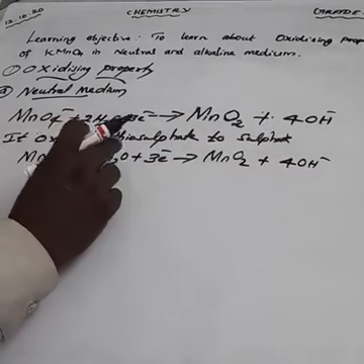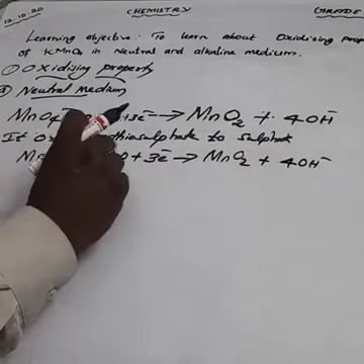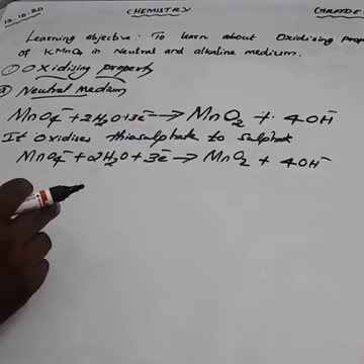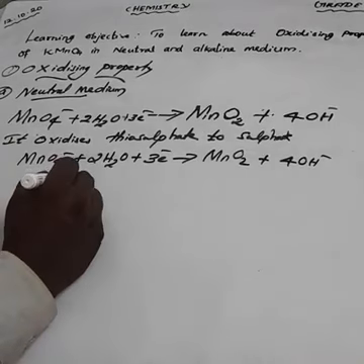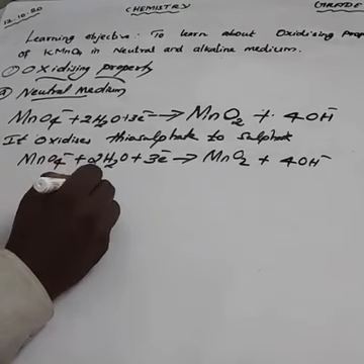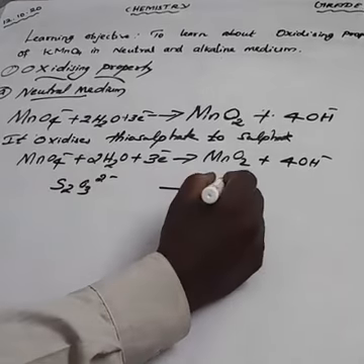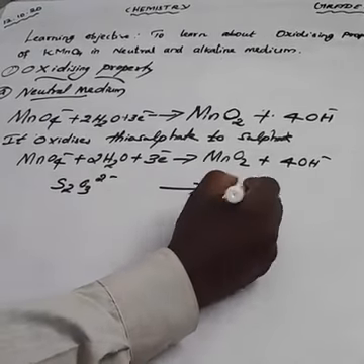Next you should write the oxidation of thiosulfate to sulfate. You write S2O3 2 minus gives SO4 2 minus.